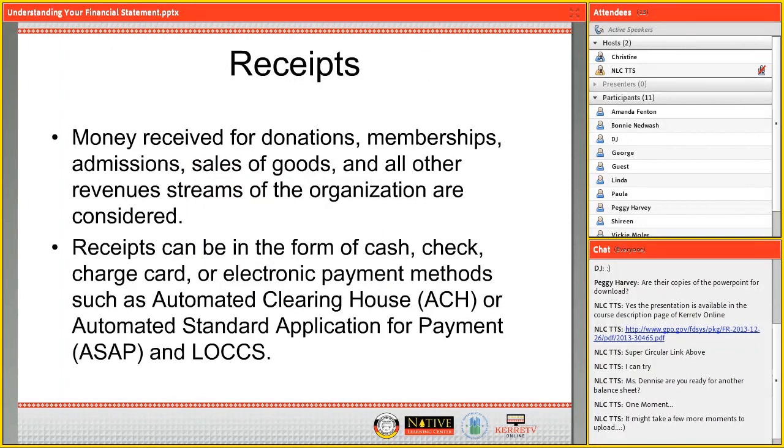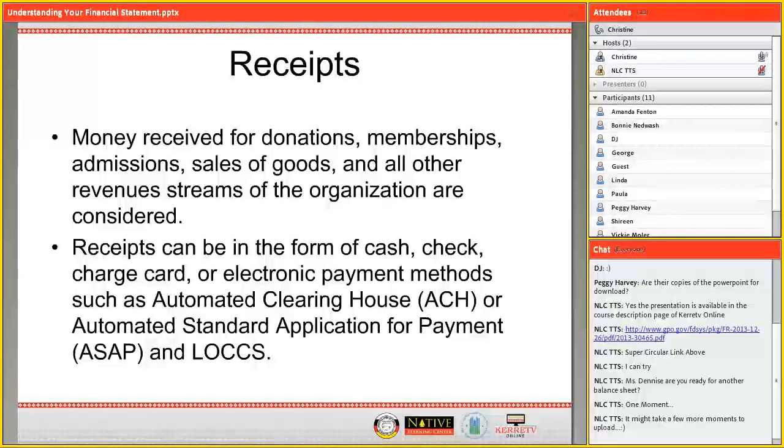Let's talk about receipts. Money received for donations, memberships, admissions, sales of goods, and all other revenue streams of the organization are all counted as receipts. Again, receipts, revenues are very similar.